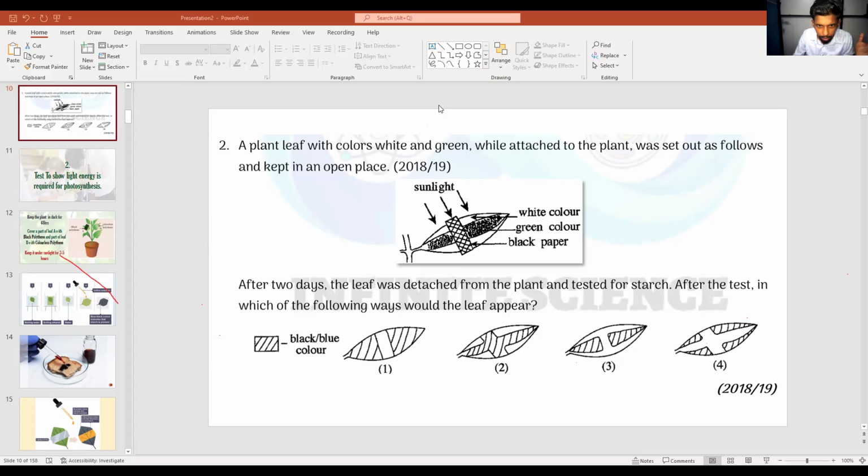If you have doubts, you can ask me, okay? Without any hesitation, you can turn on the mic and ask me, sir, why did the leaf show the color change at the middle part, or why didn't it show the color? You can ask like that, right? There will be no issues. You can ask any doubt that you have in the class. Definitely, I will never scold you for asking a question.